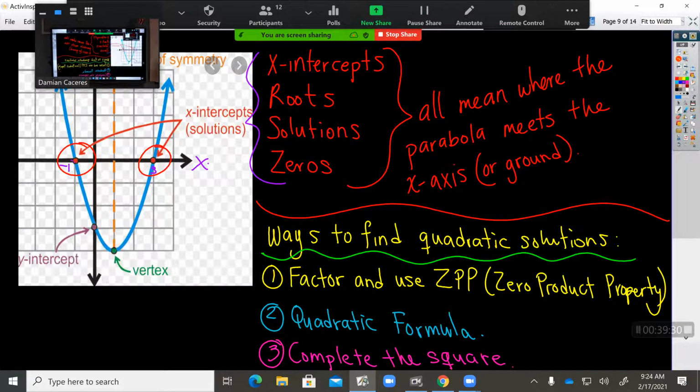Focus, you haven't written anything. So that's why I put the definition here. All of these words mean where the parabola meets the x-axis. If it's a word problem, what's your x-axis? The ground, the floor.